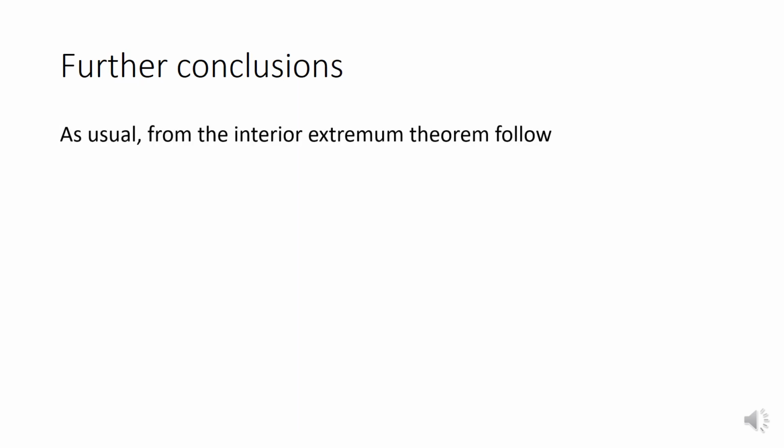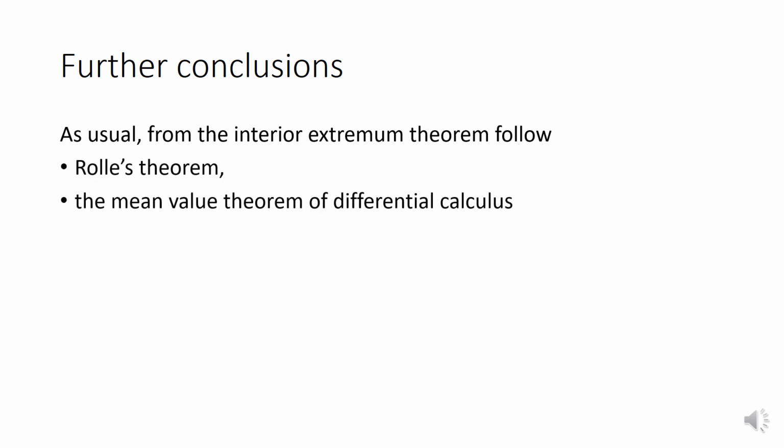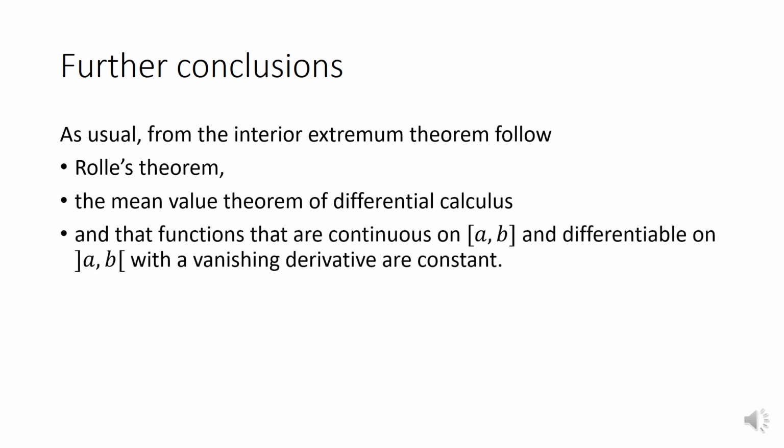As usual, from the interior extremum theorem follow Rolle's theorem, the mean value theorem of differential calculus, and that functions that are continuous on the closed interval from a to b and differentiable on the open interval from a to b with a vanishing derivative are constant. You can read about this in any conventional calculus textbook.